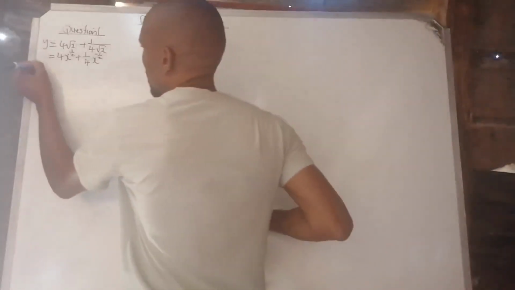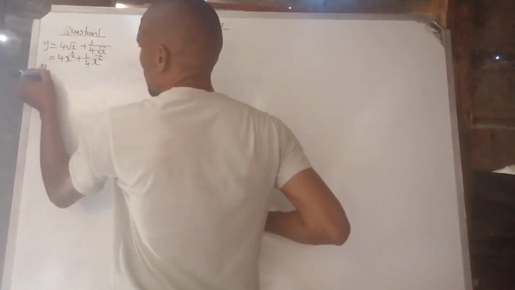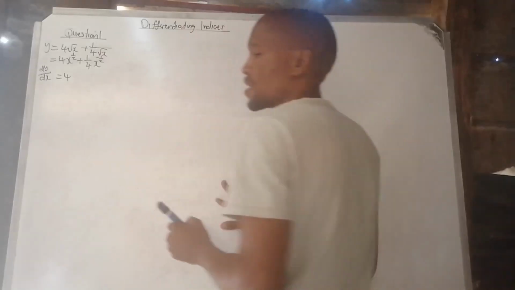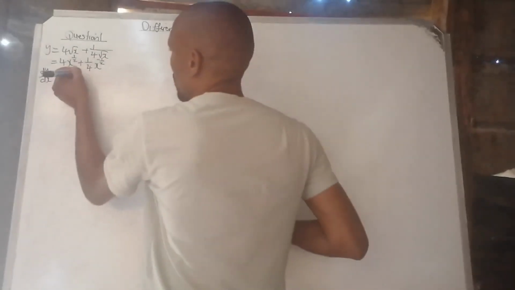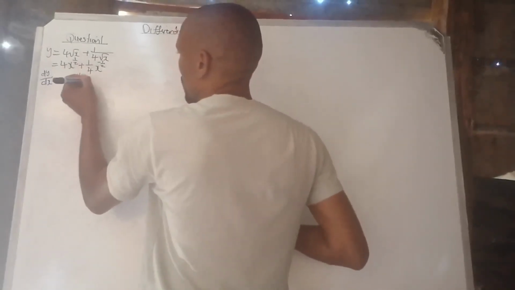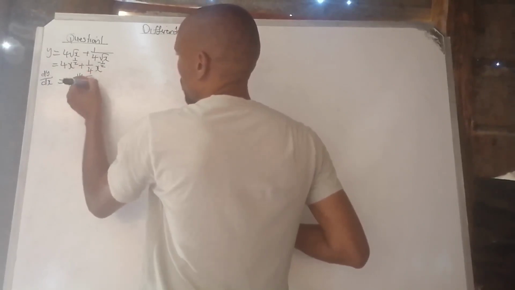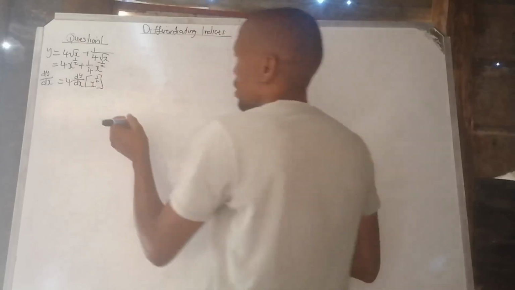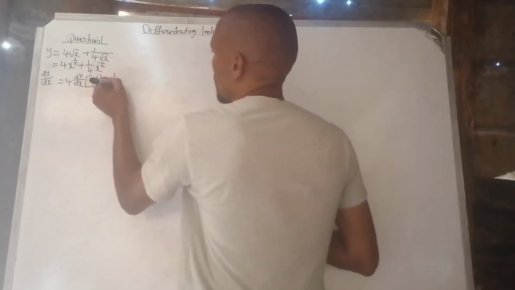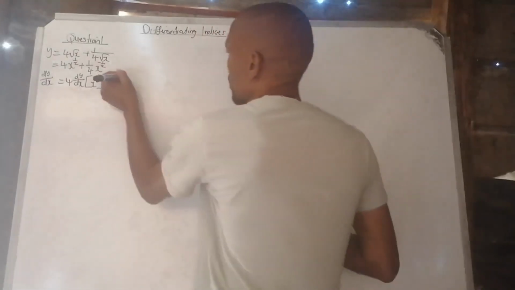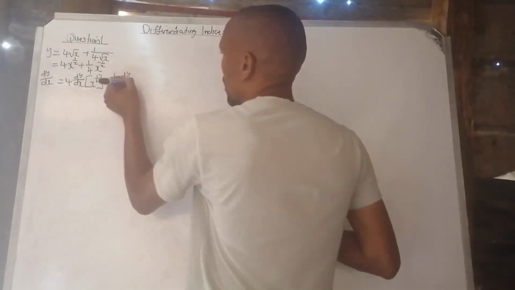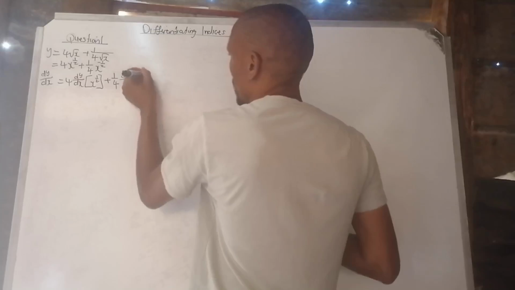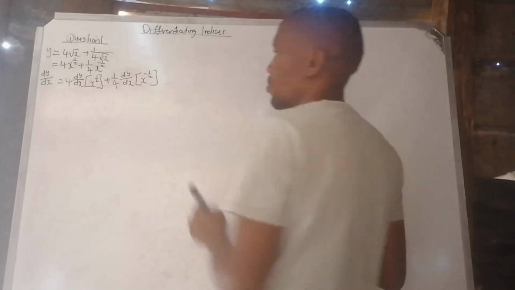So I can say the derivative of y with respect to x: factor out a 4, dy over dx of x to the 1/2, plus factor out 1 1/4, dy over dx of x to the minus 1/2.